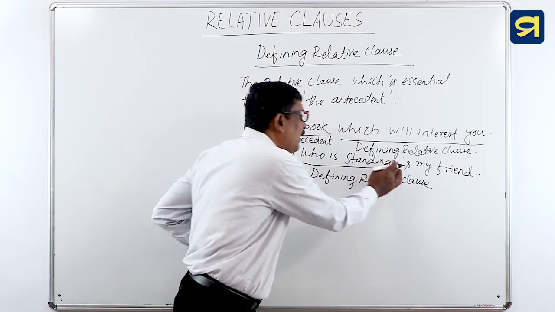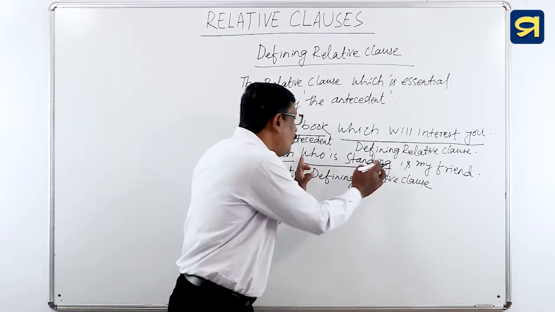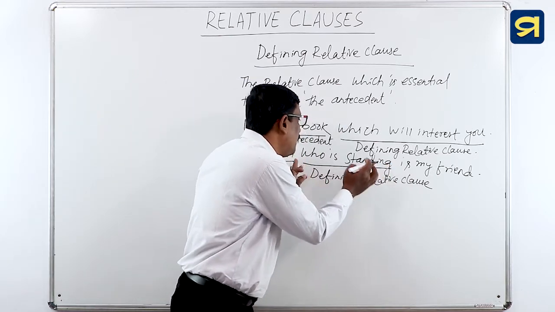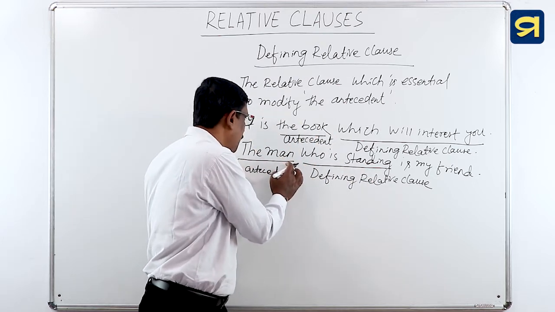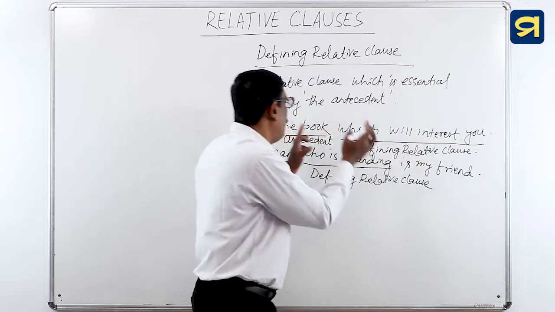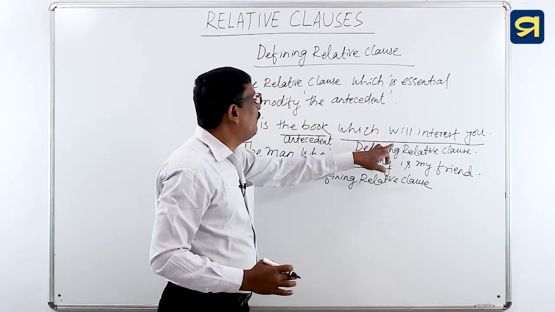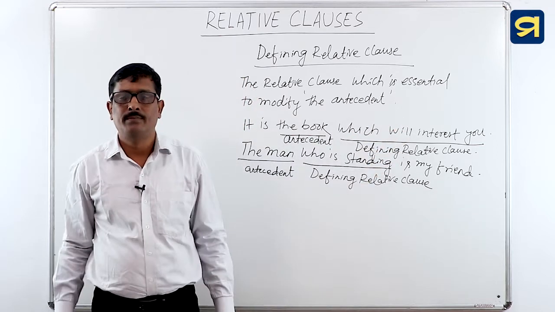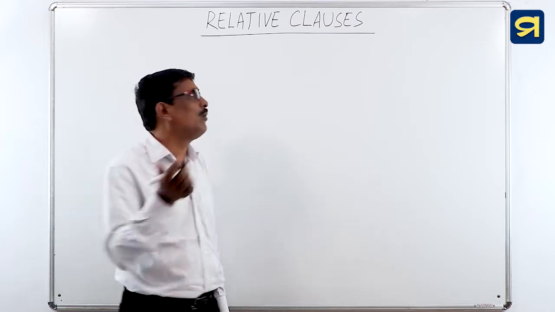Here, the man is my friend is the main clause. But who is standing is the relative clause because it modifies the antecedent, the man. And here, which will interest you modifies the antecedent, the book. So it is a defining relative clause. Now we are going to discuss non-defining relative clause.